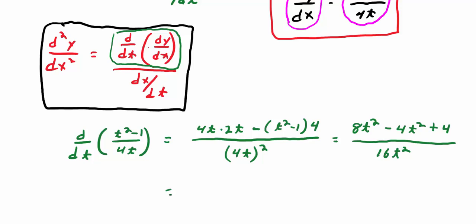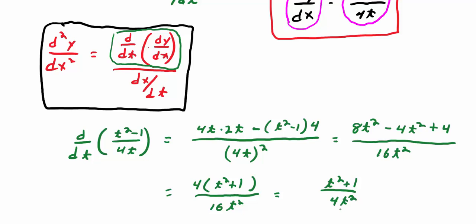So what does the numerator become? 4t squared plus 4. If I factor out a 4, what's left in the numerator? t squared plus 1 over 16t squared, which is equal to just (t squared plus 1) over 4t squared. Okay? So now we're ready to find the second derivative by putting that over dx/dt.